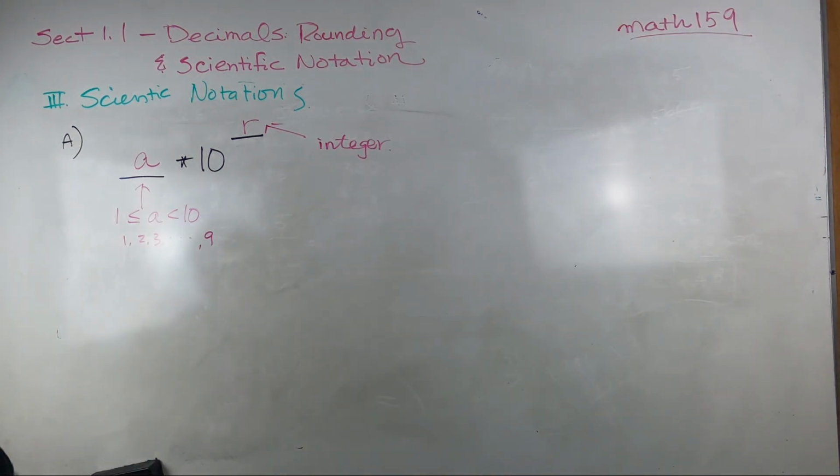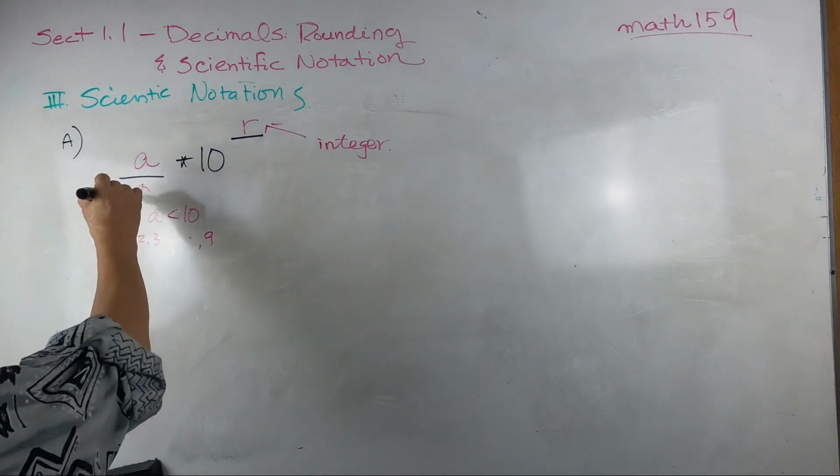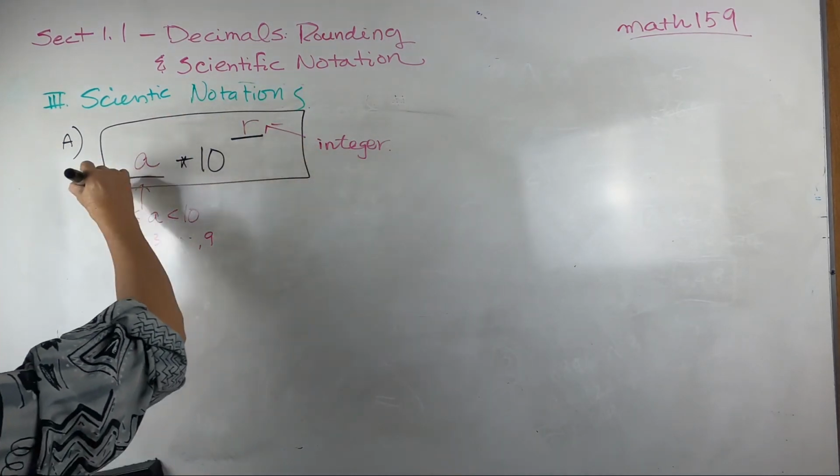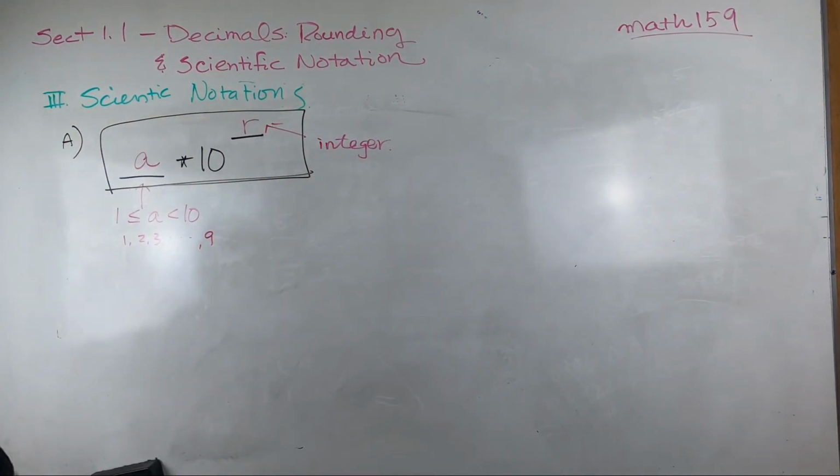Integer means whole number, 0, 1, 2, 3, 4, or negative numbers, -1, -2, all those numbers. That means if we write in this style, we call it scientific notation.